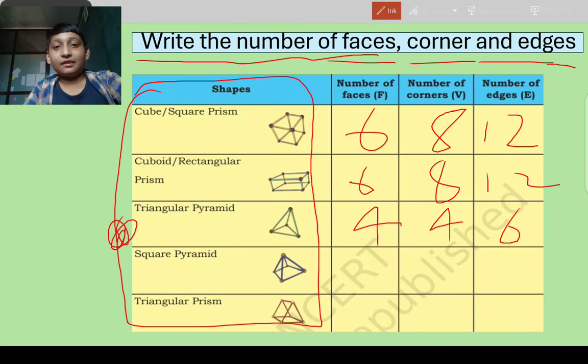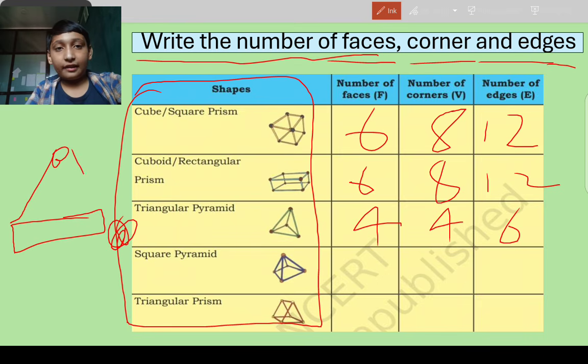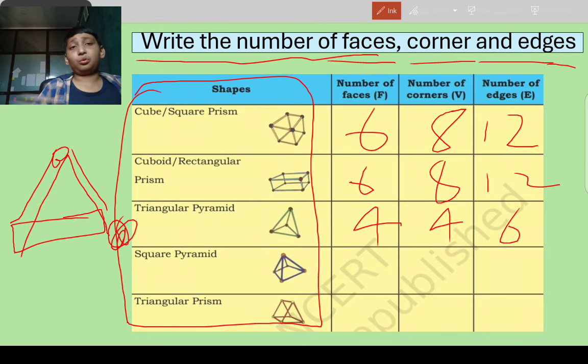First we will make a squashed square and then make a point. Connect the points. The wider the square is, the more it will look like a square pyramid.